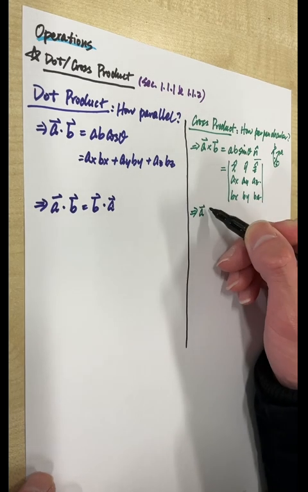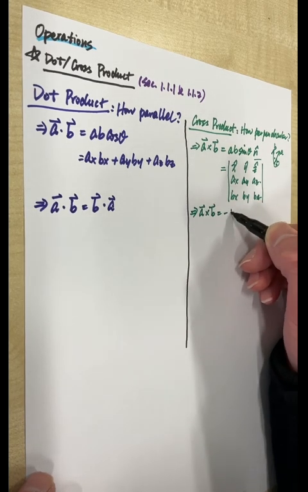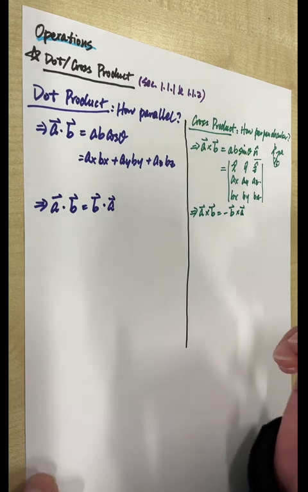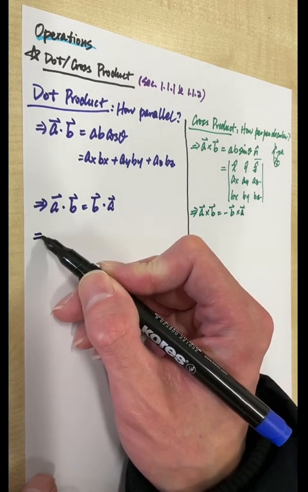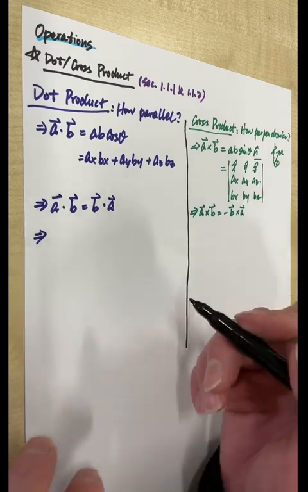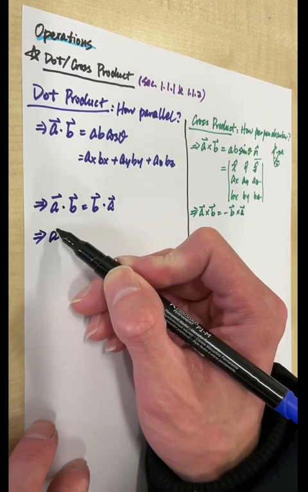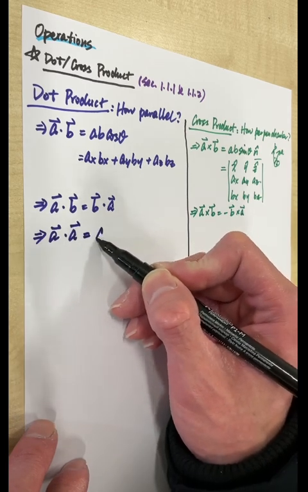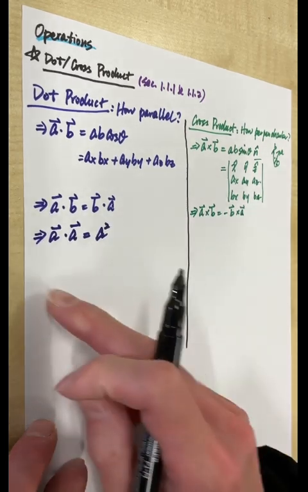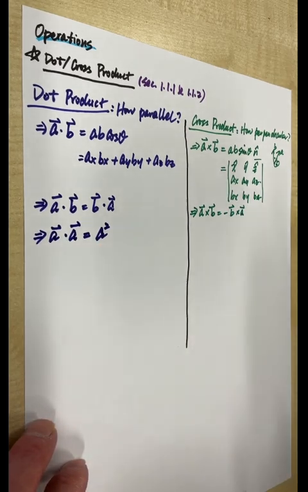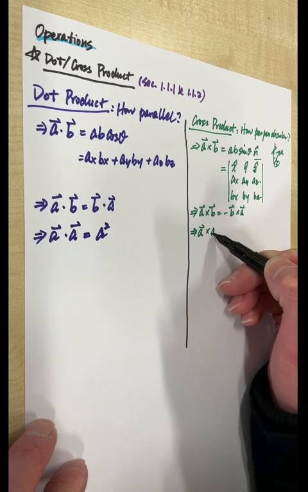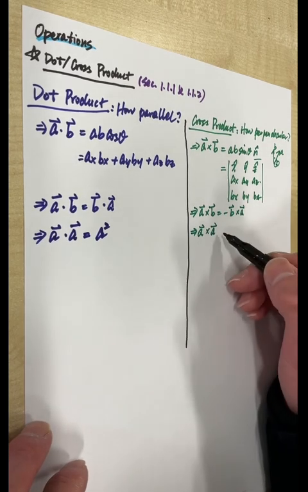So we have A cross B equals minus B cross A. Another important special case: dot product tells us how parallel two vectors are. So if we have A dot itself, what we have is the maximum magnitude, which is the magnitude of the vector squared. But if I have a vector cross itself, what happens? We get 0.